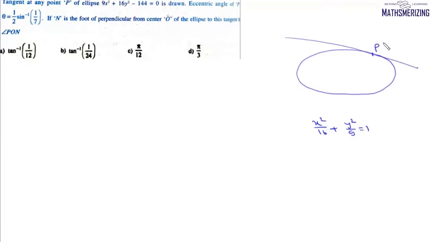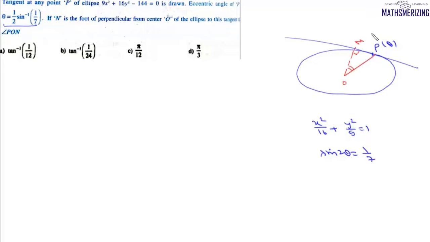Now the eccentric angle of P is theta, which is given by this relationship, which is equivalent to sin 2 theta, and this value is 1 by 7. Now it says, if N is the foot of the perpendicular from the center O to this tangent, so from the center, which is the origin, we drop a perpendicular, then we need to find this angle, angle PON.